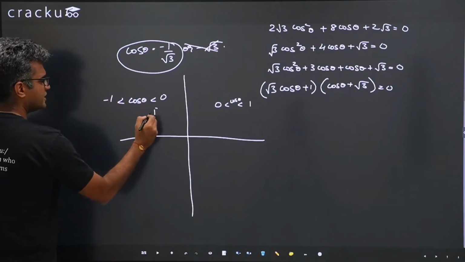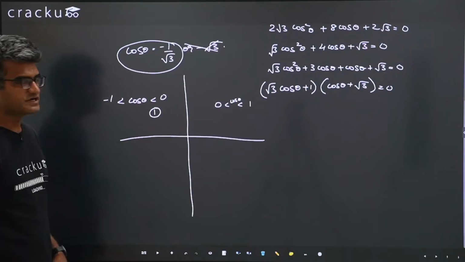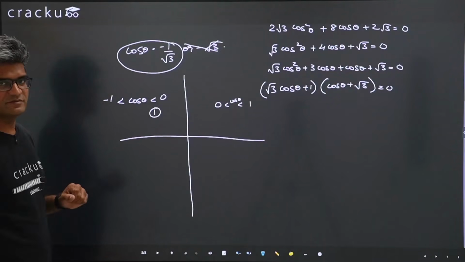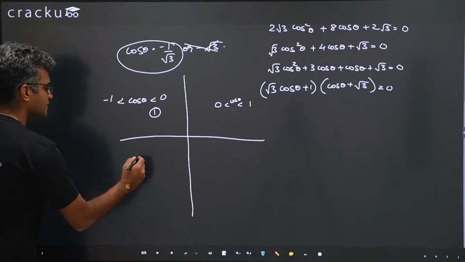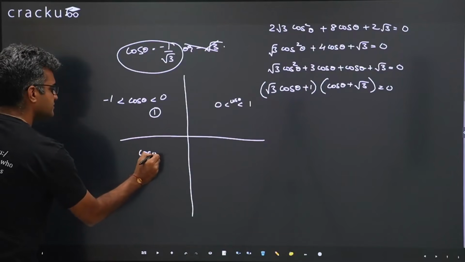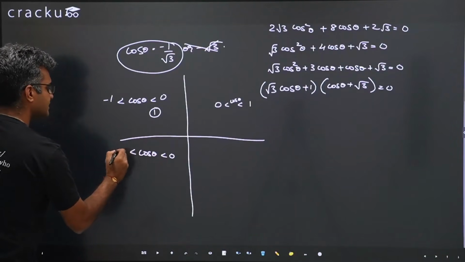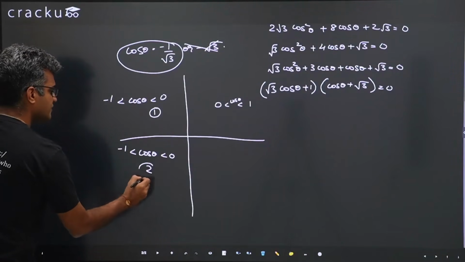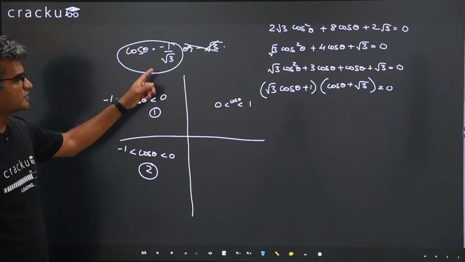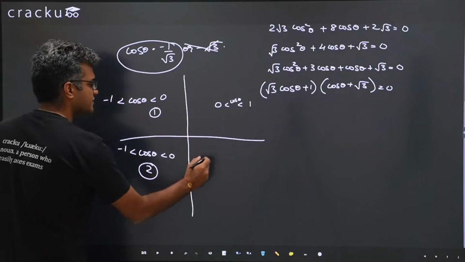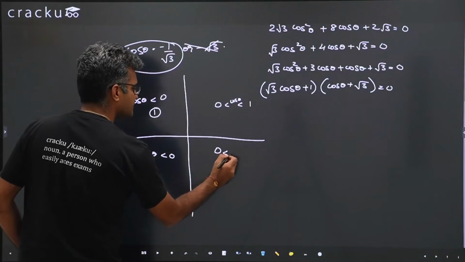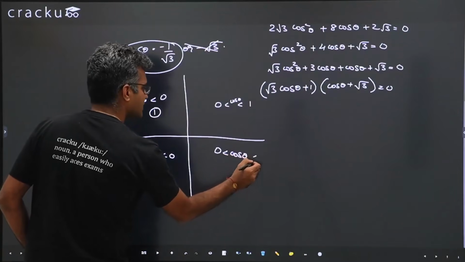So here we are going to get one value of theta because the value of cos theta is minus 1 by root 3. In the third quadrant also cos theta lies between 0 and minus 1. So again here we are going to get another value because cos theta is negative. In the fourth quadrant cos theta is positive.